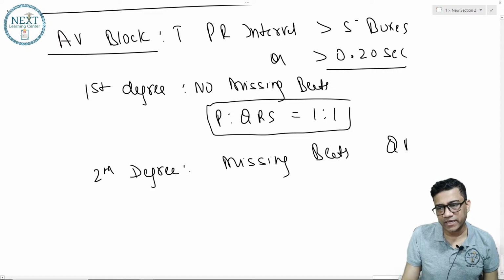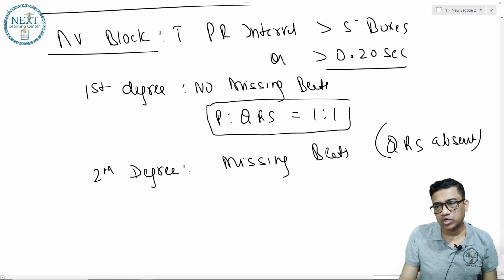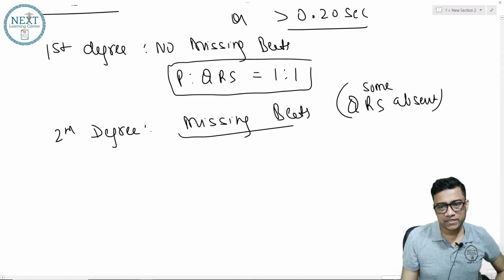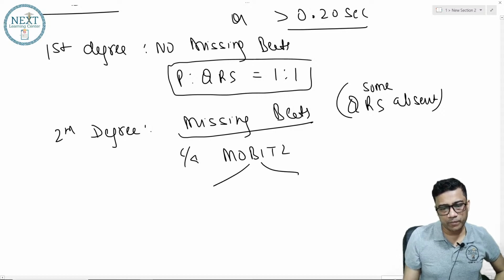That is, QRS absent, not all, some QRS absent. This is called Mobitz block. There are two types, Mobitz 1 and Mobitz 2.